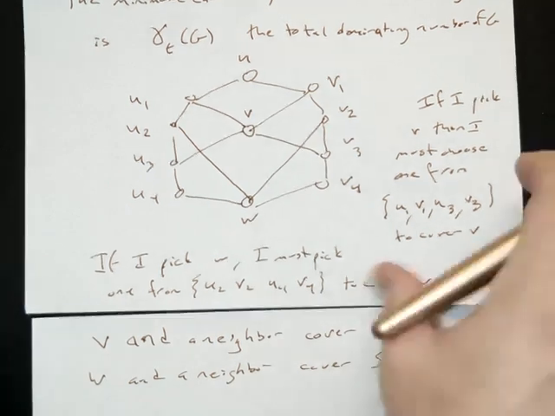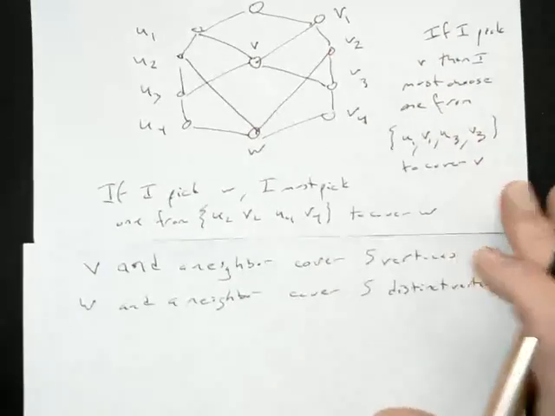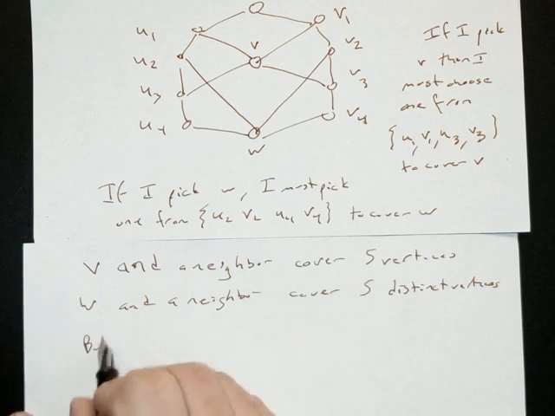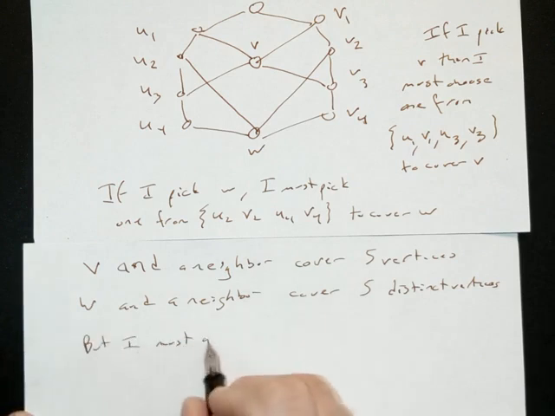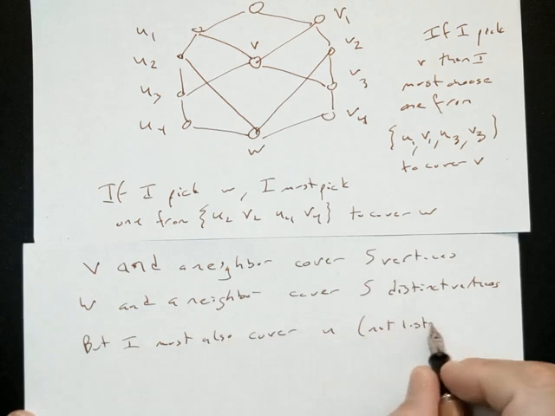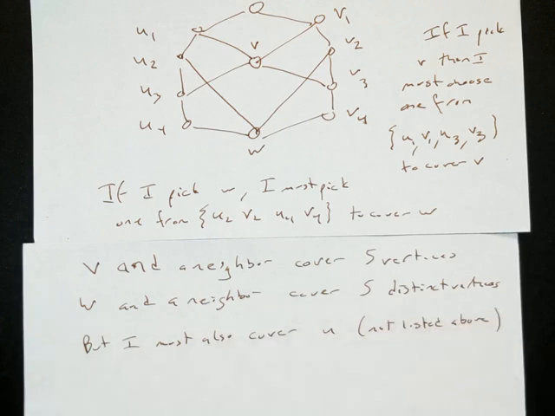And the important note here is that the 5 that are covered by V and a neighbor are disjoint, distinct from the 5 covered by W and a neighbor. But I need to ensure that somehow I cover U. And it turns out that if I do that, I'll do V and a neighbor.